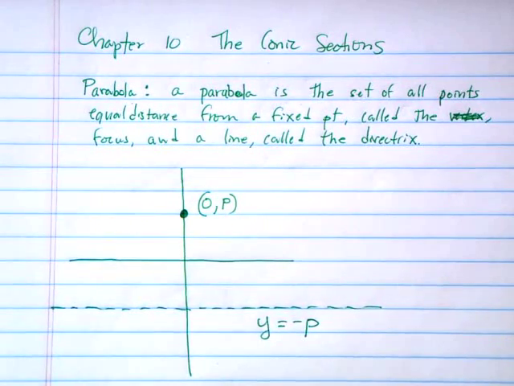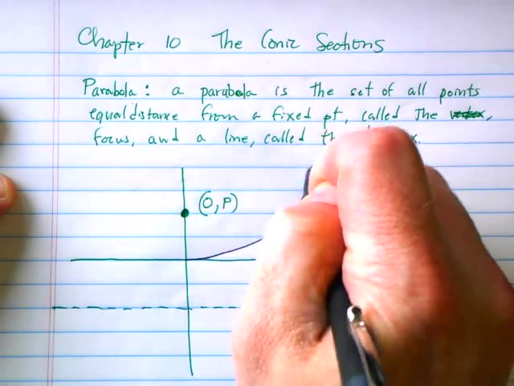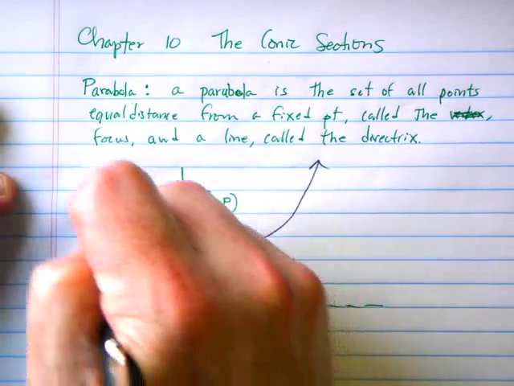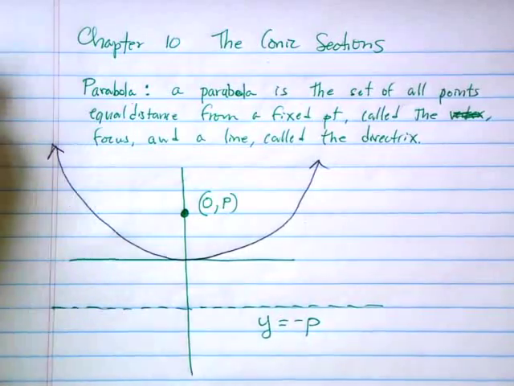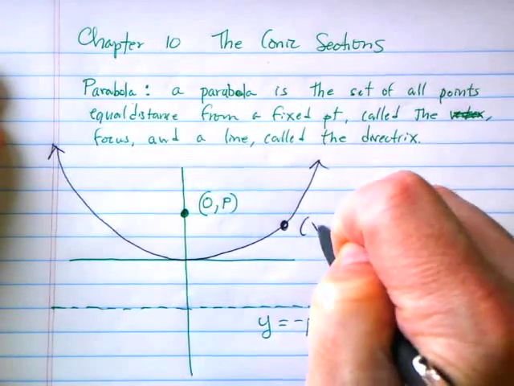So you're typically given two pieces of information, a focus (0, p) and a directrix. The directrix in this case is a horizontal line. The parabola that we're going to talk about is going to look like this. If I pick a point on this parabola, I'll call it (x, y).